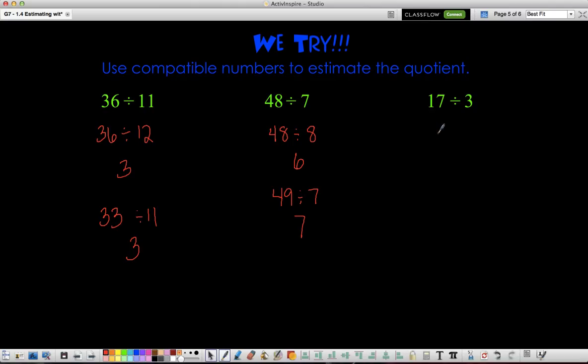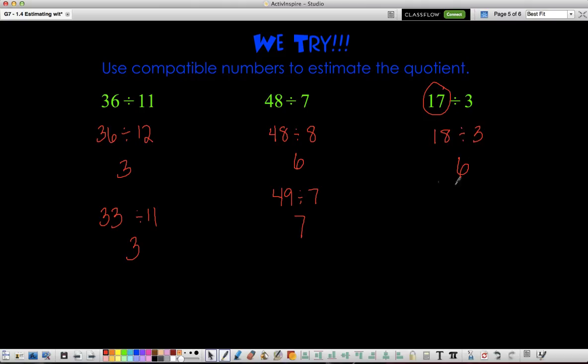All right, 17 divided by 3. Again, I could take the 17 and turn it into 18, which I know is divisible by 3. 18 divided by 3 is 6, so I know my answer should be around 6. But then here, 17 is a prime number. So I can't change the 3 to anything else but 1 to make a compatible number.